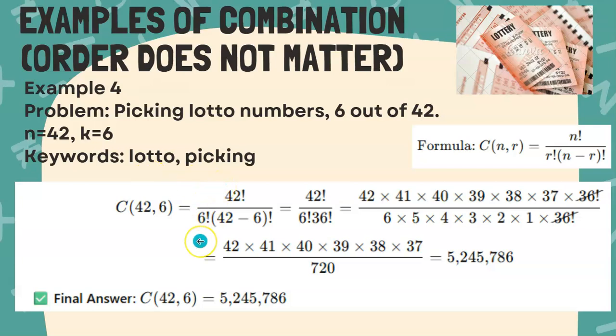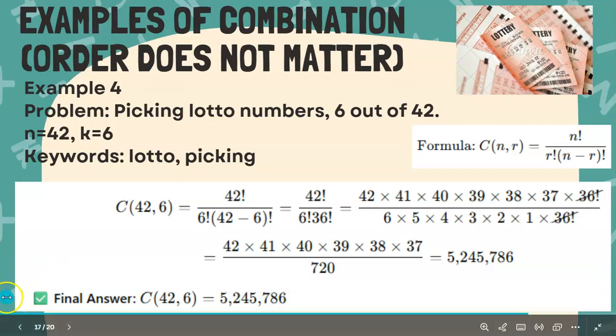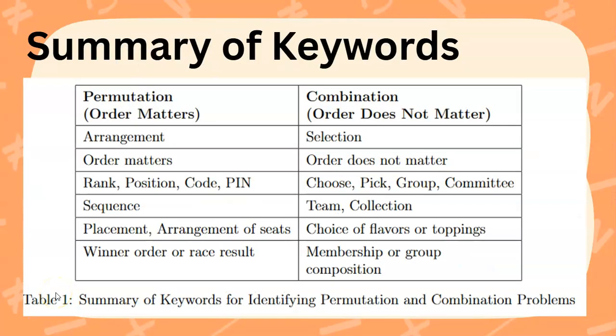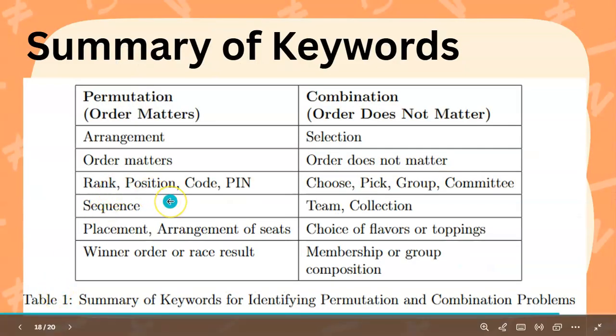What are we doing? We're choosing numbers. So does order matter? No. The set is the same regardless of the draw order. Reason, this is a combination problem because the order of the numbers doesn't change the chosen set or the winning set.